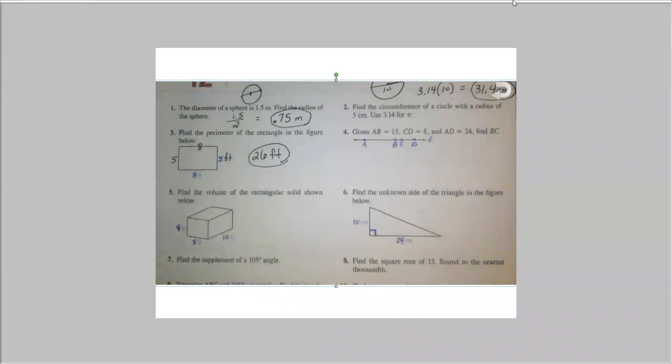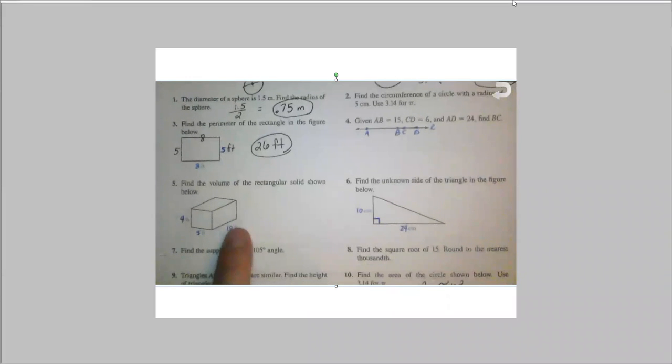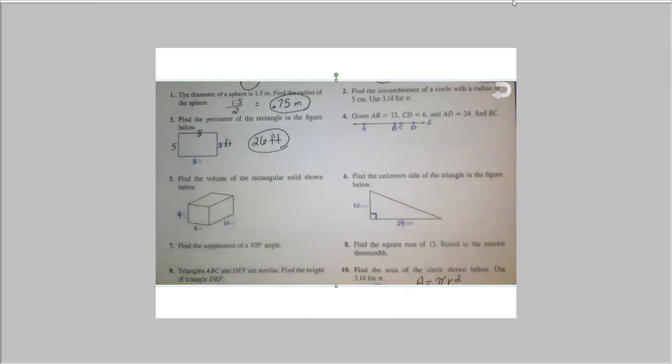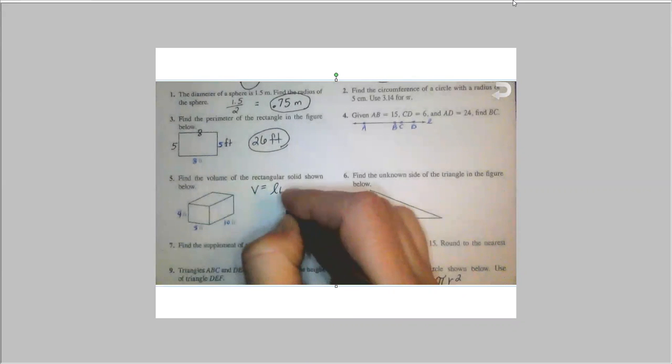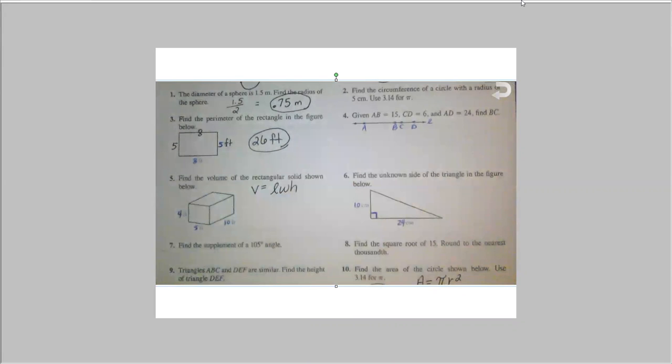Okay. We jump to number 5 when we're talking about labels. Number 5 asks me to find the volume of a rectangular solid. The formula for finding the volume of a rectangular solid is length times width times height. Okay, I'm multiplying all 3 dimensions together. This is 4 feet times 5 feet times 10 feet. So I multiply 4 times 5 times 10.